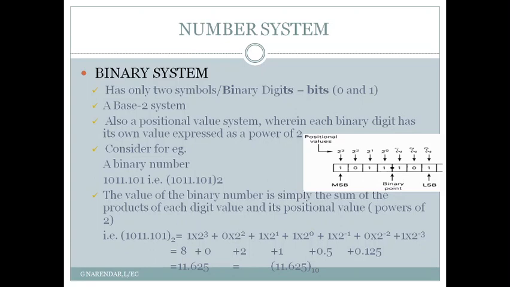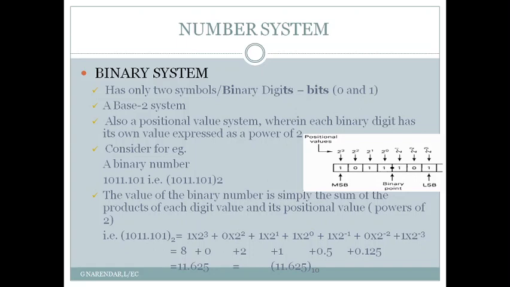And the positional values will be 2 power minus 1, 2 power minus 2, 2 power minus 3, and so on as we move to the right, away from the binary point. So overall I can say that the binary number system is also a positional value system where each and every position has a positional value which is expressed as a power of 2.